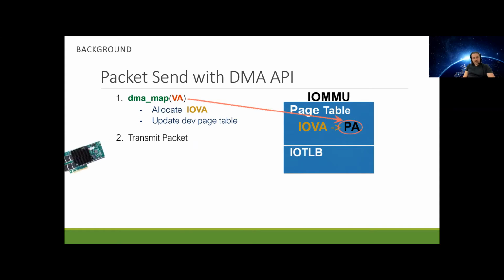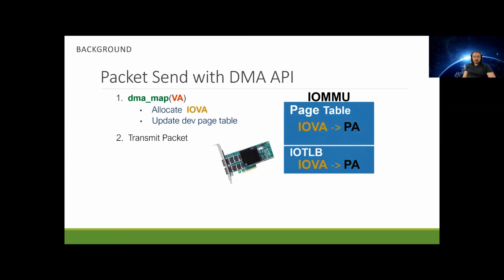Next, the device reads the buffer using the IOVA, which populates the IOTLB. The IOTLB has the same function as a TLB for the MMU. It provides fast lookups for translations. Now, when the operation is complete, the device driver unmaps the IOVA.